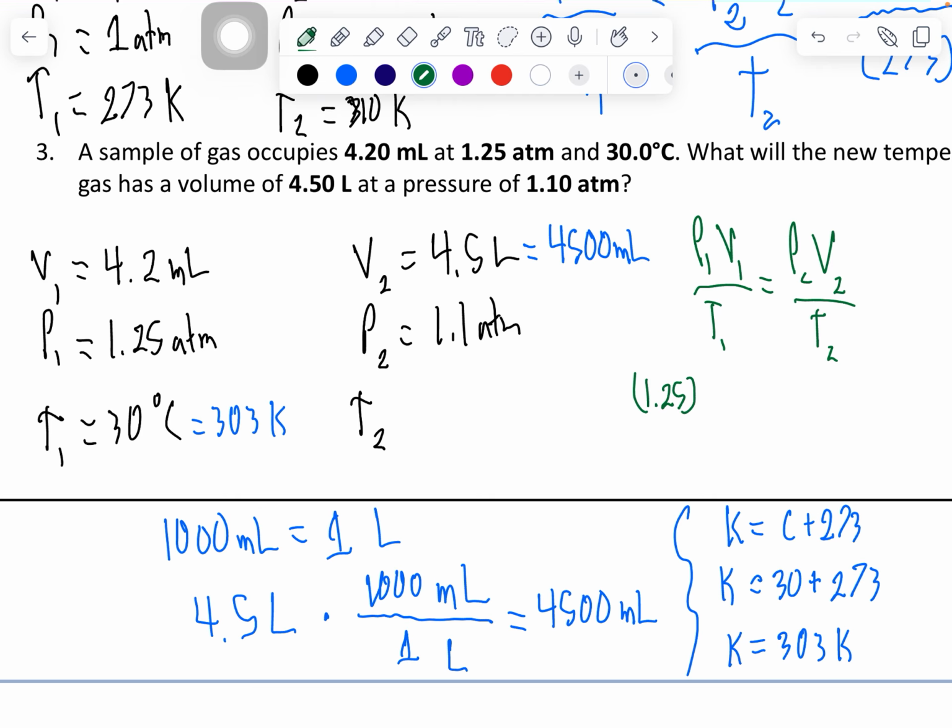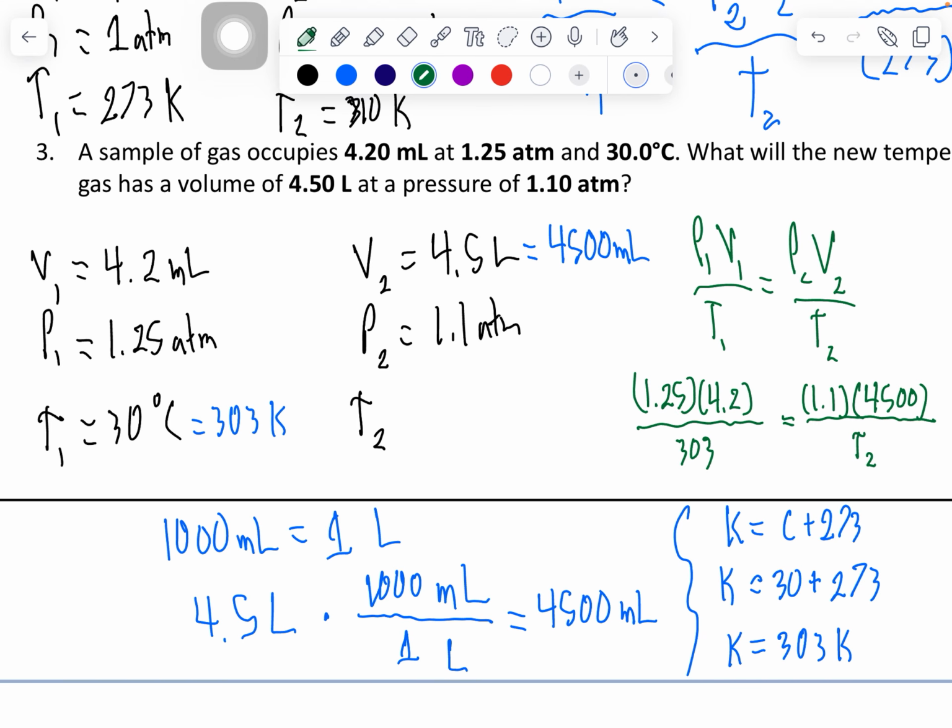V1, 4.2. T1 is 303. That is equal to our new pressure value of 1.1. Our V2 value, our new volume, 4,500. And that new temperature that we're solving for.